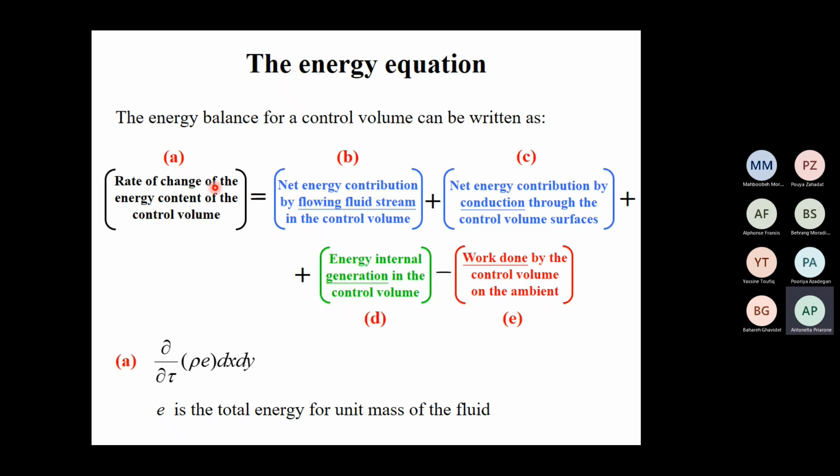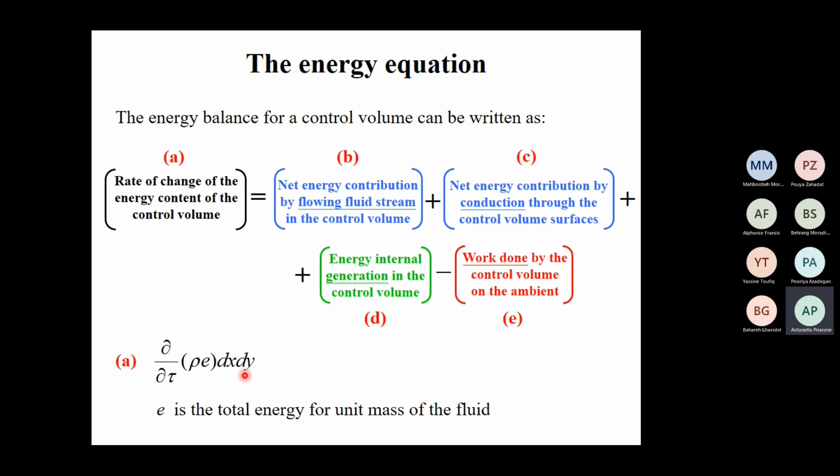We start with the first element, the rate of change of energy content of the volume. E for me is the total energy per unit mass of a fluid. If I want to obtain the total energy, I have to multiply E by the mass. The mass is density by volume.